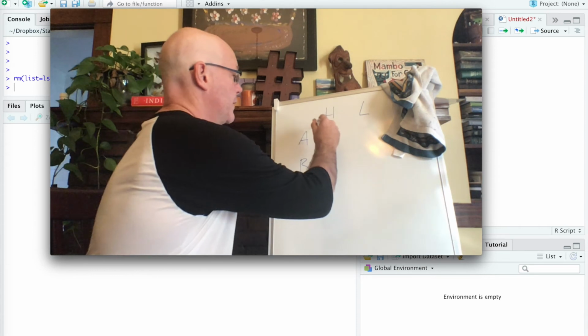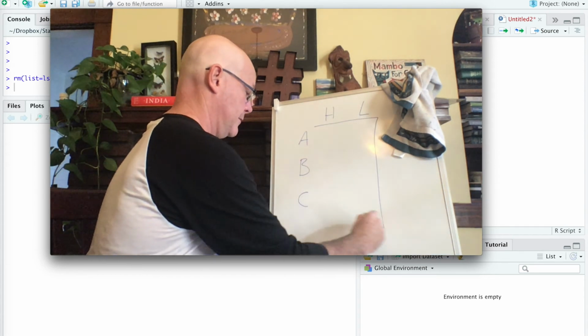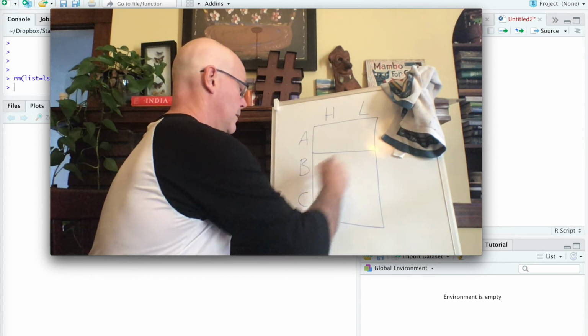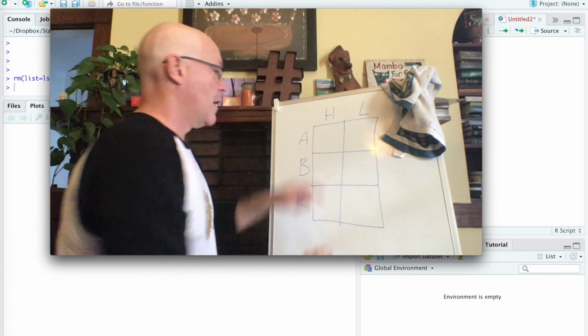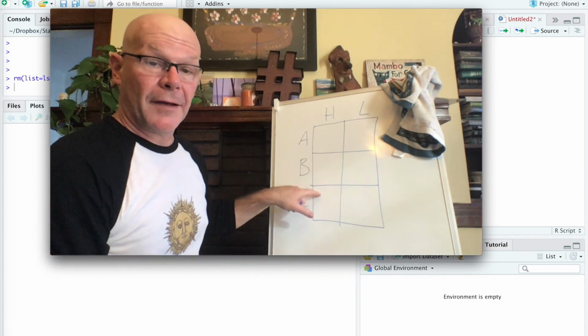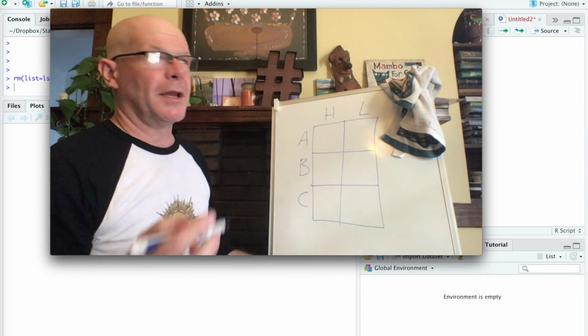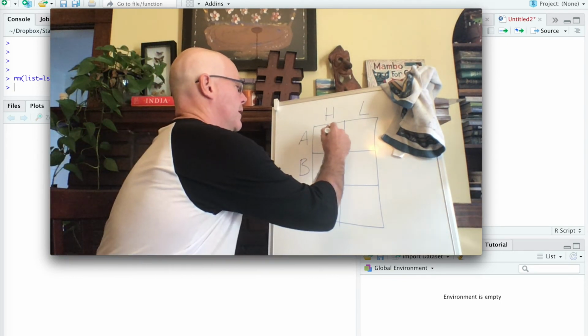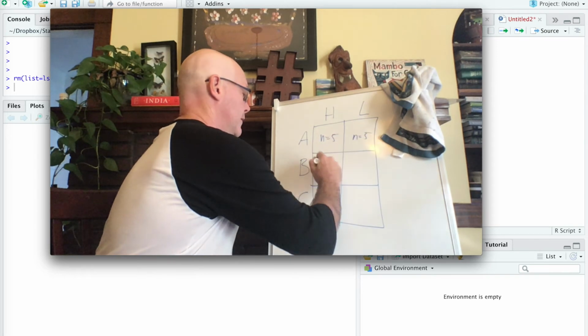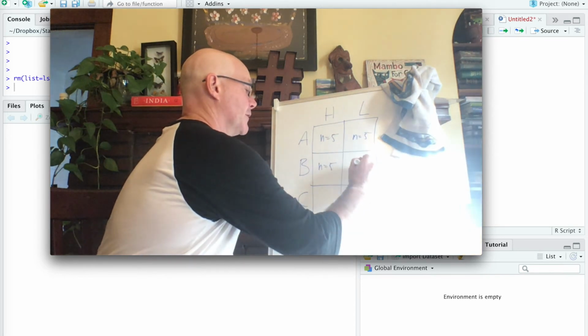And then that means that if it's a factorial design, our experiment will include all possible combinations. And for the experiment that we're going to play with here, when we simulate the data, we're going to just say that n equals 5 for all of these different combinations, okay?